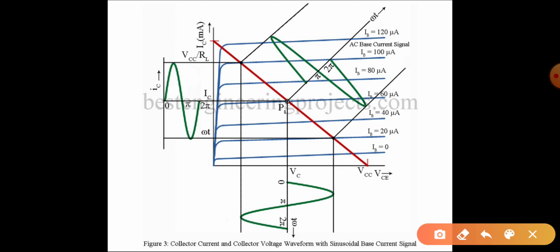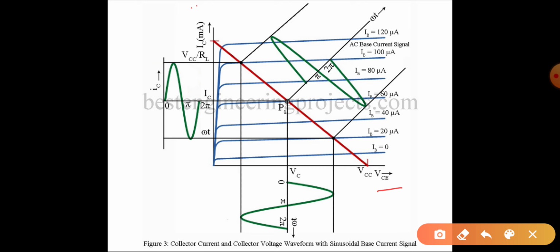So this is the load line analysis of the single stage common emitter amplifier. Along the x-axis there is VCE, that is collector to emitter voltage, that is output voltage. At the y-axis there is IC, that is collector current.